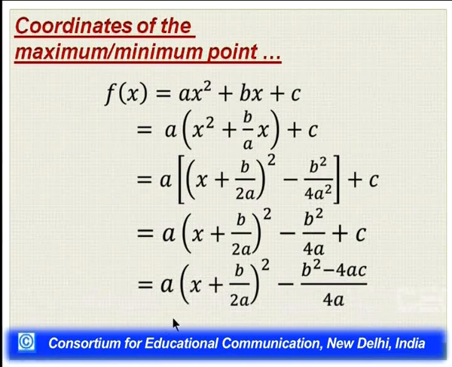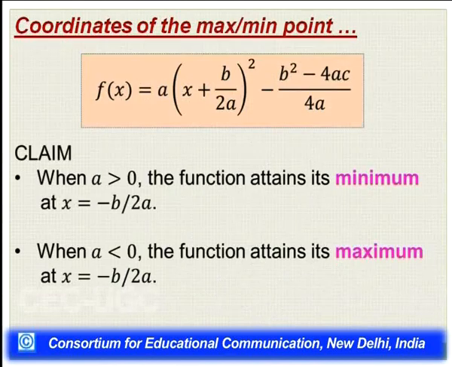And then our function can be written as a times (x + b/2a)² minus (b² − 4ac)/4a. Now this is an expression of a quadratic function, which is something that you might want to keep in mind, because this will now lead us to some very powerful results.